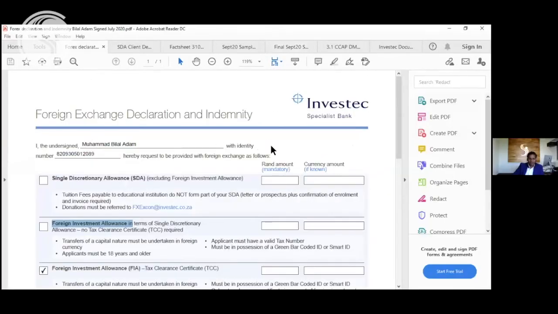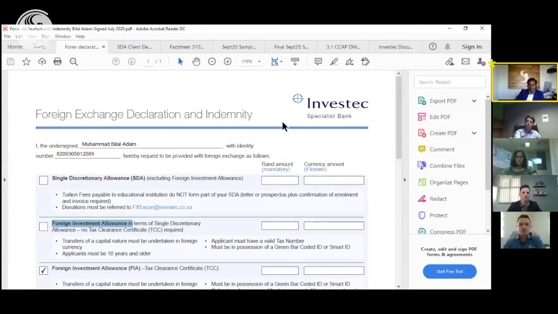So when you are completing your forms, there are some very important forms that you need to properly sign off. The one is this Investec form, which is the Forex Exchange Declaration and Indemnity. When making your offshore payments, you will tick single discretionary allowance for the first part.